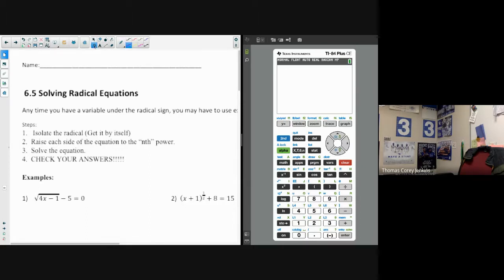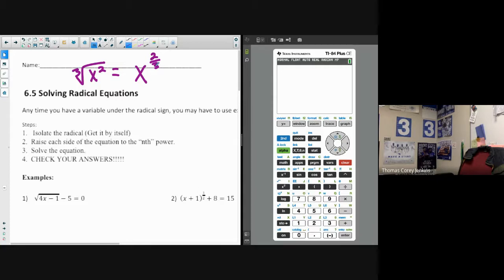So just a quick review of that, if we had the third root of x squared, that would be equal to x to the power of, that would be my numerator, that would be my denominator, so x to the power of 2/3. So we use a lot of that in this lesson, okay?